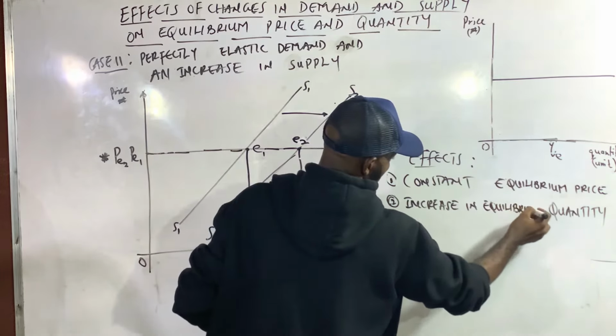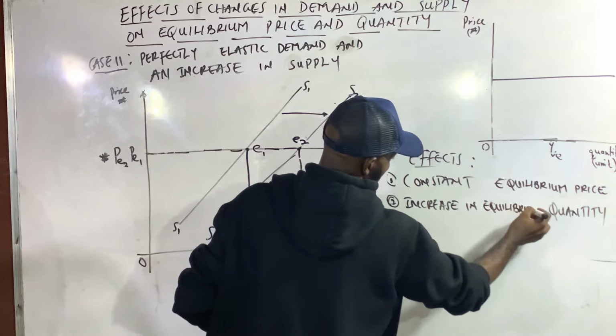And anytime an examiner puts up a question like, with a perfectly elastic demand curve, an increase in supply will lead to dash, the option that will be correct for any student in the exam hall is the one that has constant equilibrium price and an increase in equilibrium quantity.